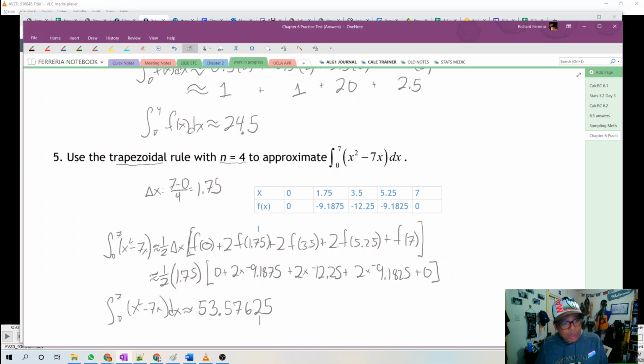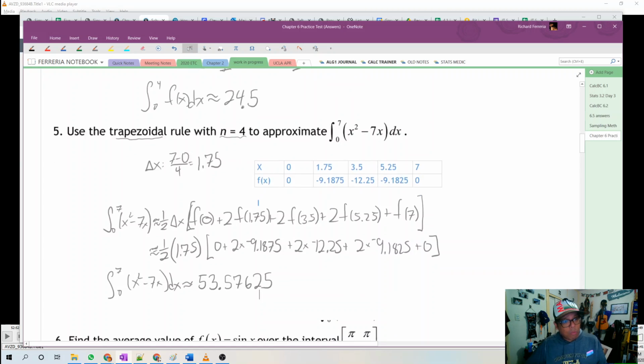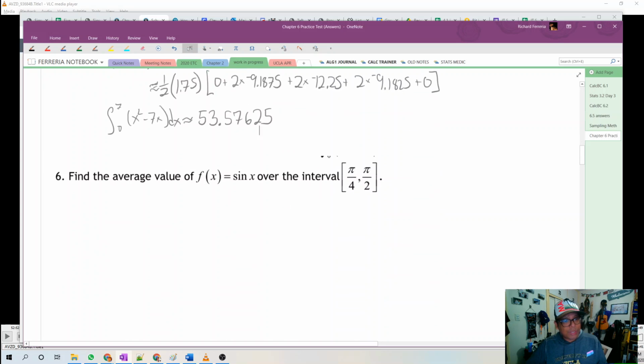Maybe some other teacher would, but definitely not. So just expect the numbers to be nicer if you see a trapezoidal rule such as this one.